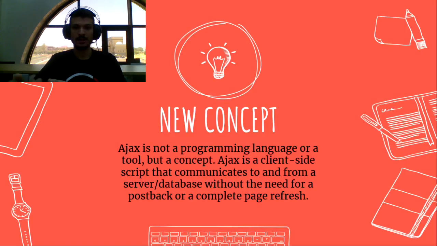Now, we have defined this new concept. We have mentioned that Ajax is a group of technologies. It is not a programming language or a tool. It's a new concept with a client-side script that communicates to and from a server without the need for a postback or a complete page refresh.